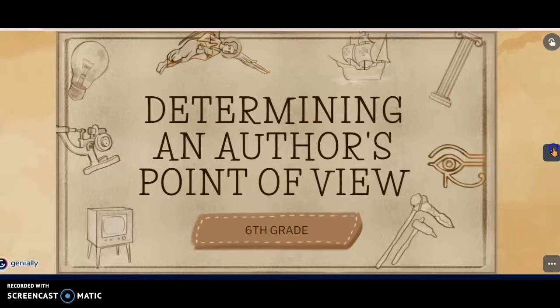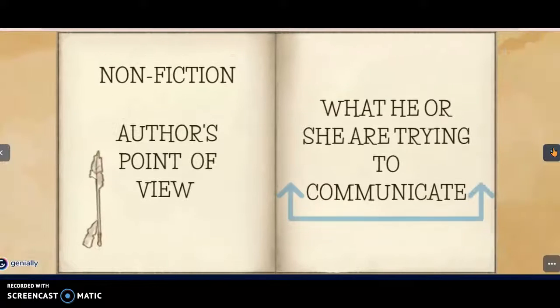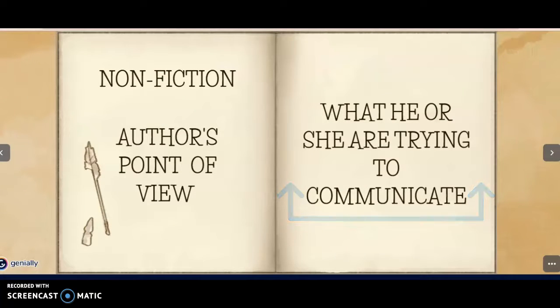Okay. So, first of all, remember, as we mentioned in class, when we have a non-fiction story, that means it's not fantasy, it's something that is real. We're talking about real things. Our text is talking about things that can happen, right?